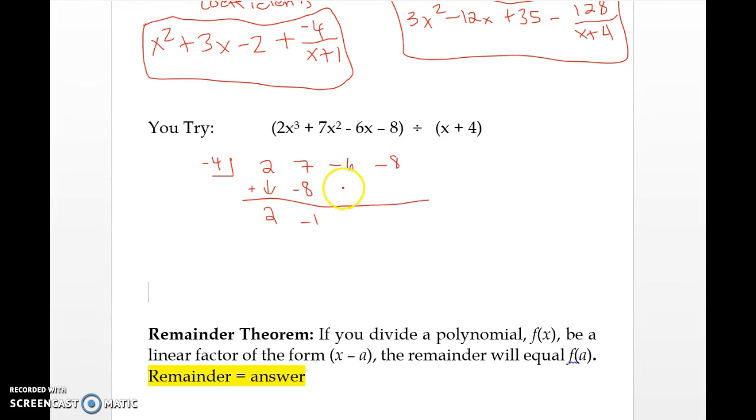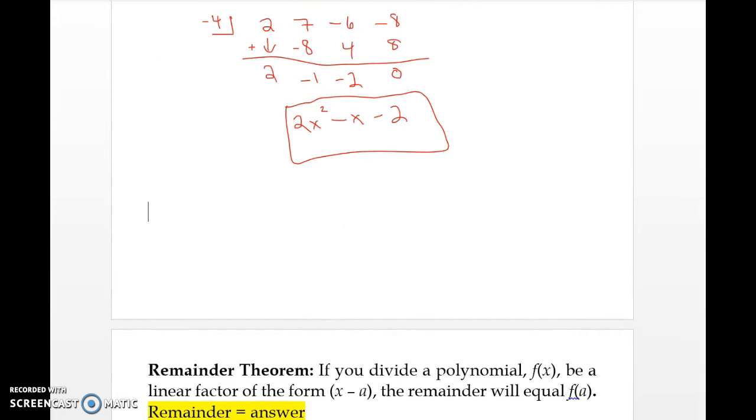Multiply that to your box number, +4. Add -6 plus 4 is -2. Multiply that back to your box number, +8, and we get a remainder of 0. So our answer is 2x squared minus x minus 2. That's our answer. We have a remainder of 0, so we don't need to worry about putting our remainder in. Excellent.